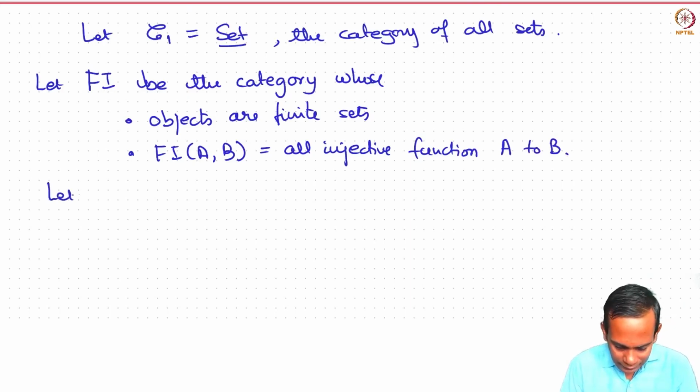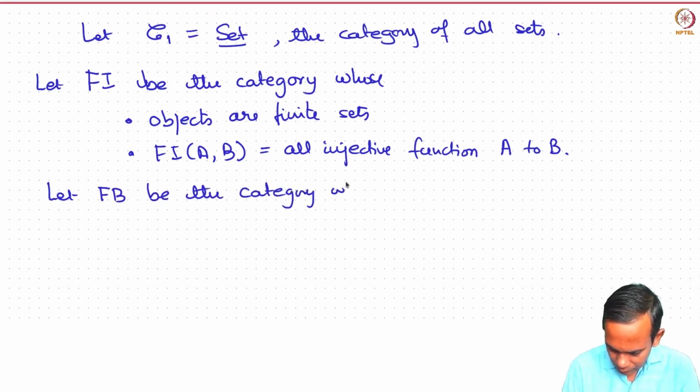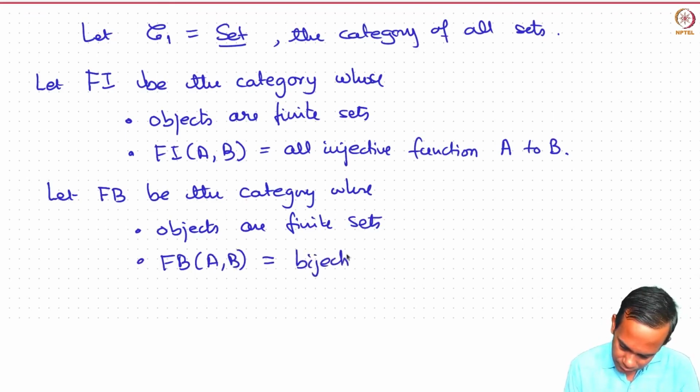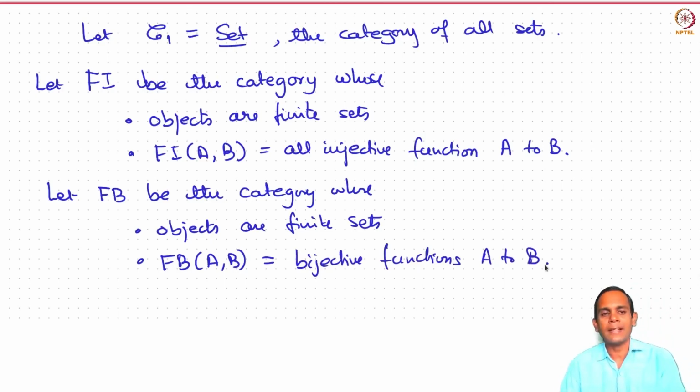And let's define another category, Fb, the category whose objects are again finite sets and Fb(A,B) are bijective functions from A to B. You need to check that Fi and Fb are indeed categories, but that's not difficult.